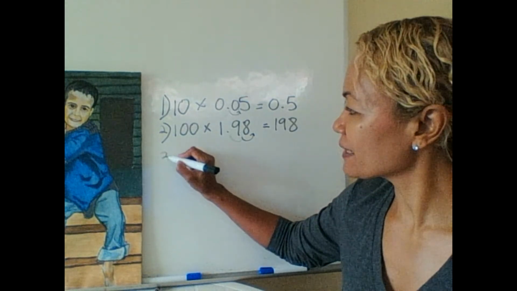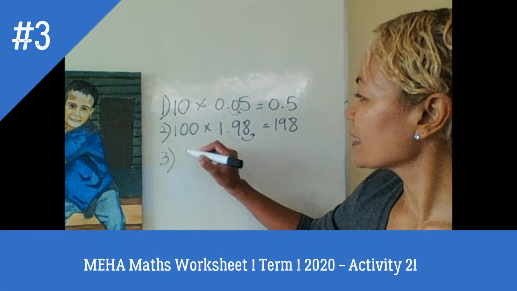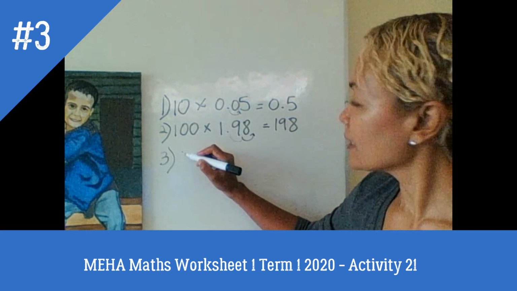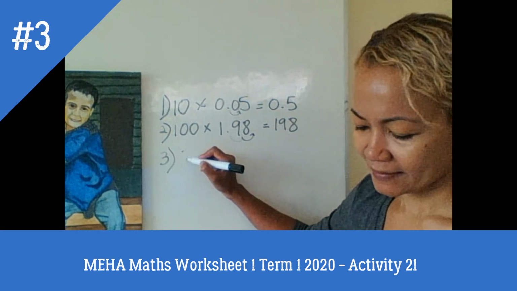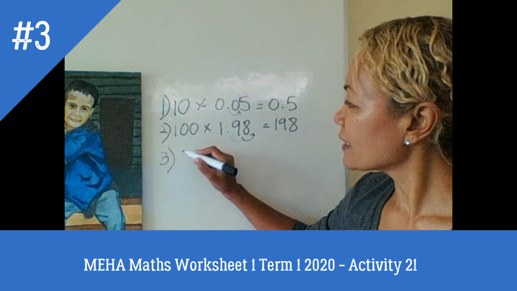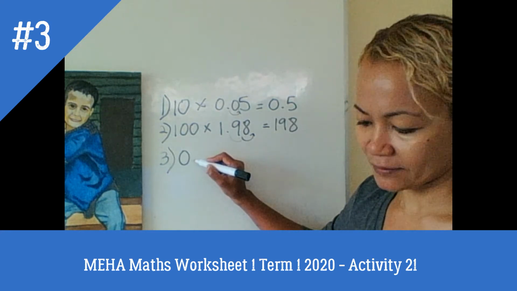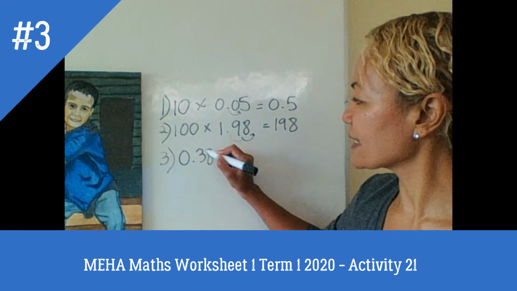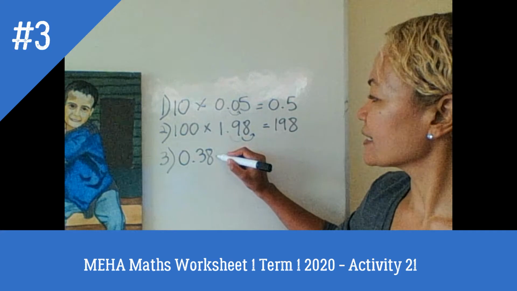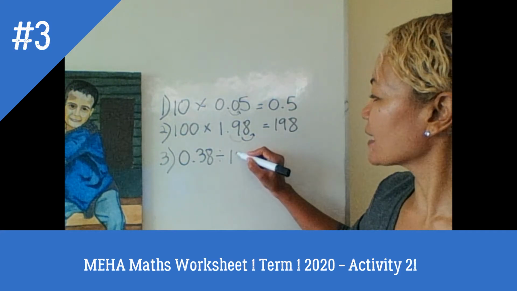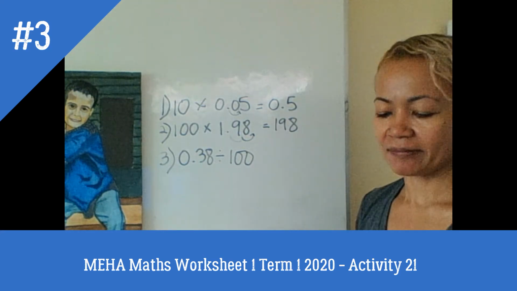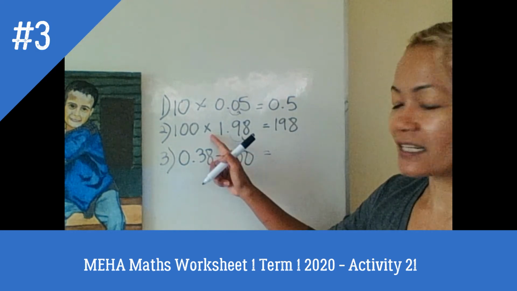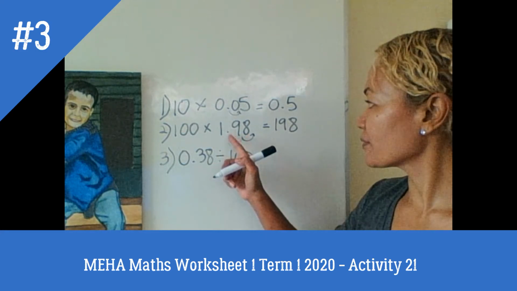Okay. Number 3. 0.38 divided by 100. Okay, so first thing is it's in the opposite direction to that.